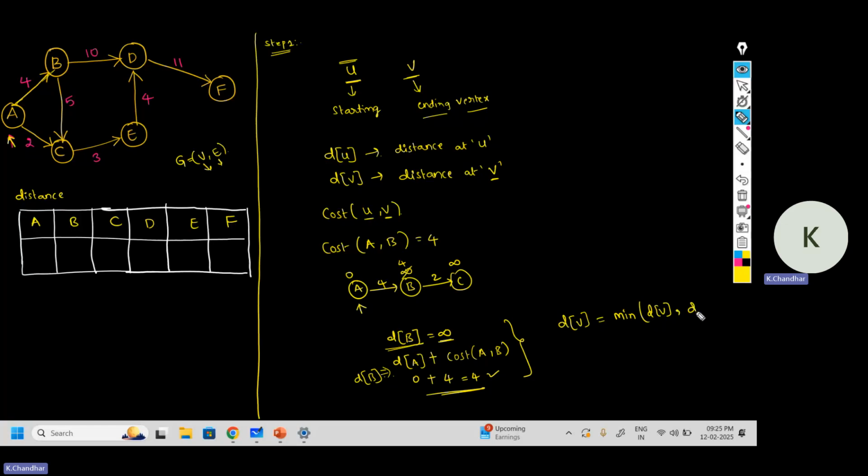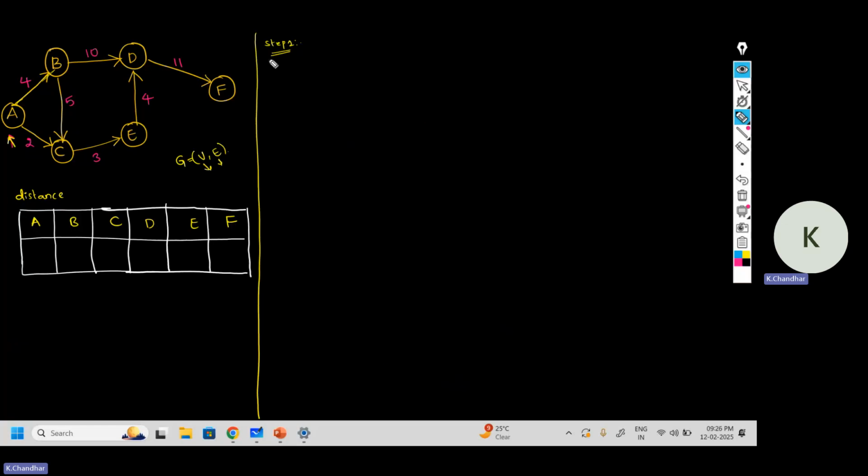So this is going to be represented by distance at U plus cost between A comma B. So using this equation, I am going to update the distance table. Okay. So these are the terminologies, and using this terminology, we need to apply this Dijkstra algorithm on this graph.